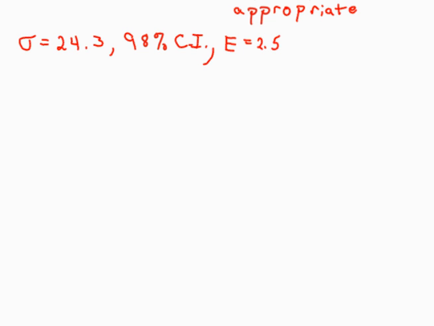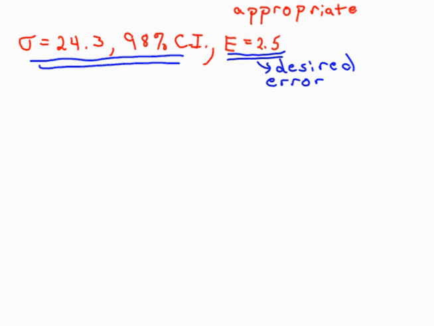This is the desired error. We have to find the appropriate n to correspond with that. So these are already determined. This is desired. Determined or defined already. No control.